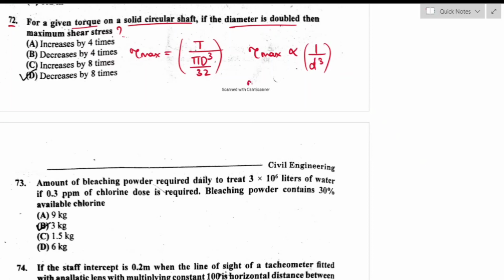So, if the diameter is doubled, the new shear stress will be equal to 1 by (2d) cube, which is equal to 1 by 8d cube. So, it will be decreasing by a factor of 8 times. So, option D is the right answer.